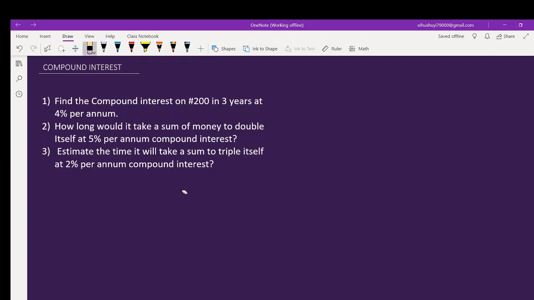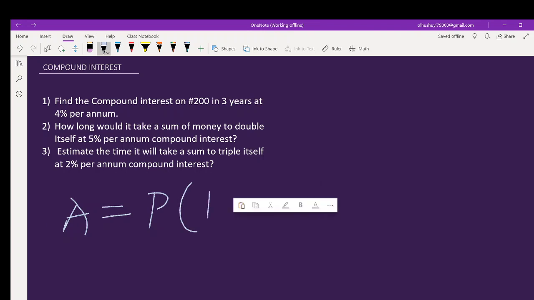Now, let me give you the formula for compound interest. There's no particular formula, but you have a formula that links each of the terms and easily helps you to calculate your compound interest. So you can say your amount is equal to principal times 1 plus your rate in percentage, all raised to power n.